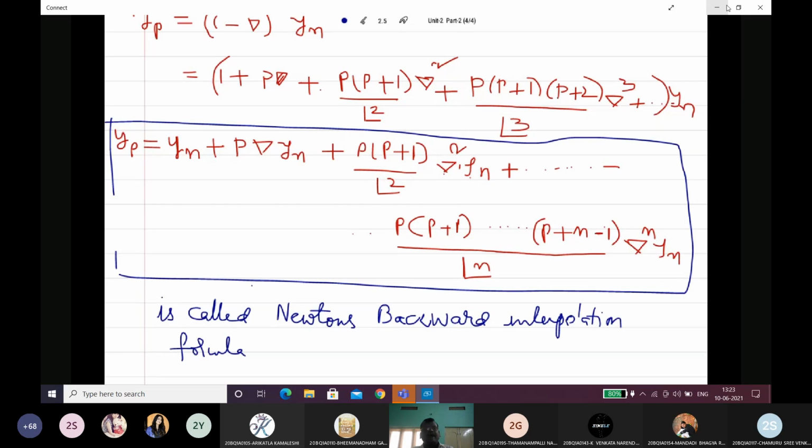So forward is used for values at the beginning of the table, and backward is used when the values are near the ending of the table.